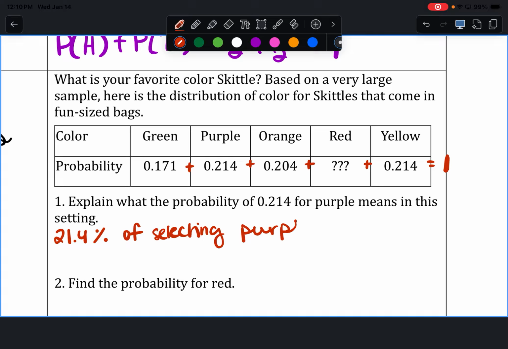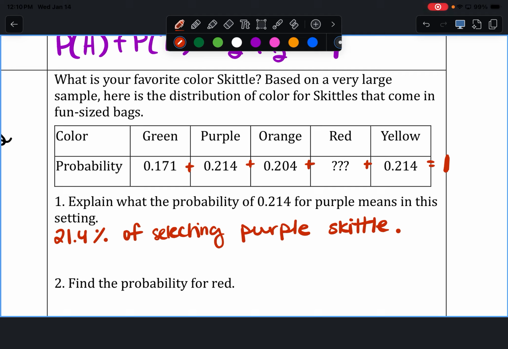Now, when we are answering questions about probabilities, usually we are not going to answer with a percent, okay? We will answer with the decimal equivalent or a fractional equivalent. But when we do want to answer with a percent is if it says explain, okay?